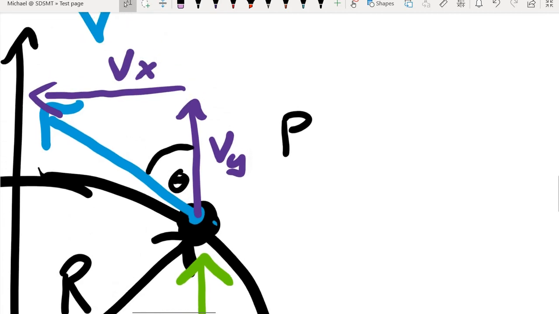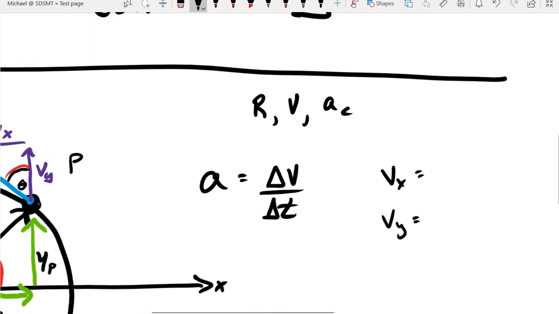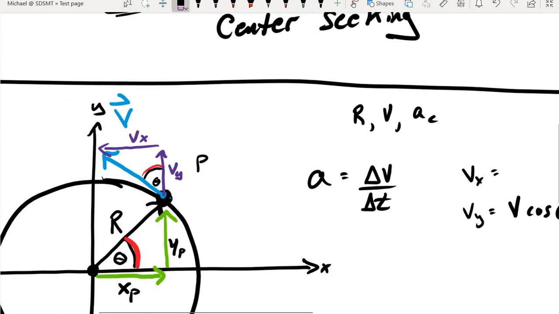And this is kind of interesting. The y component of this particular triangle is the adjacent leg. And the adjacent leg utilizes cosine. In a lot of our vector problems, we have seen cosine associated with the x component, but we do not want to become complacent with how we're doing our work.